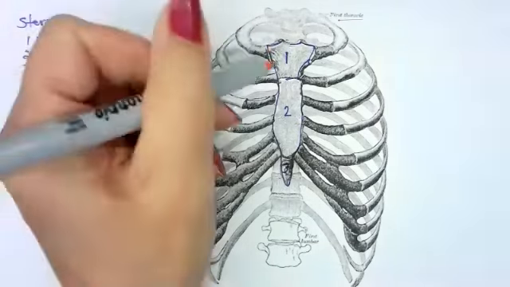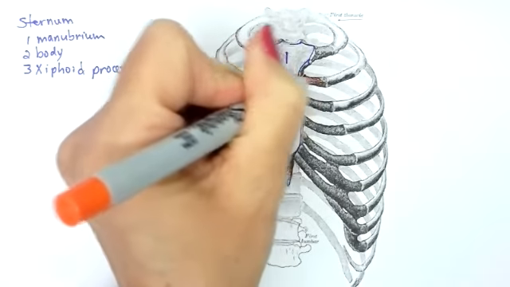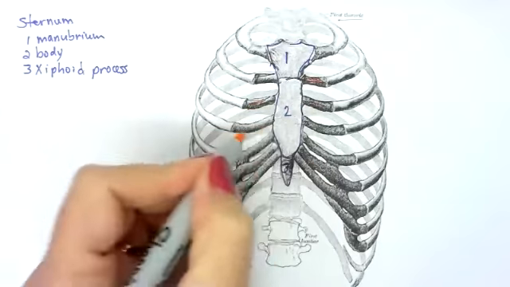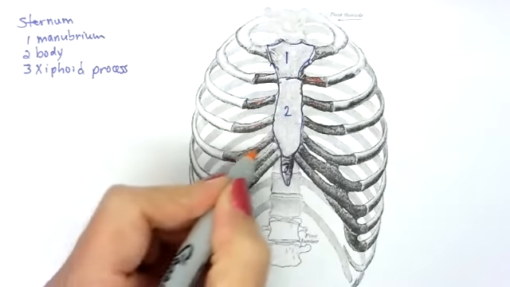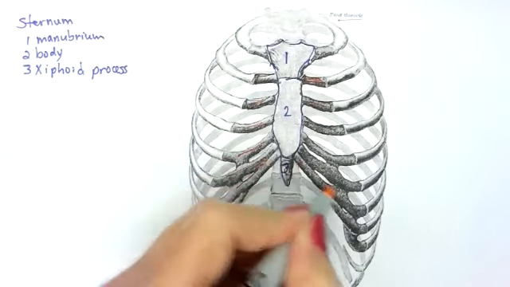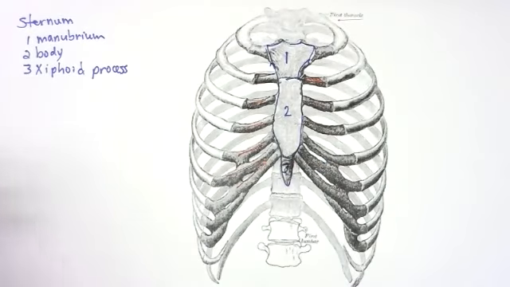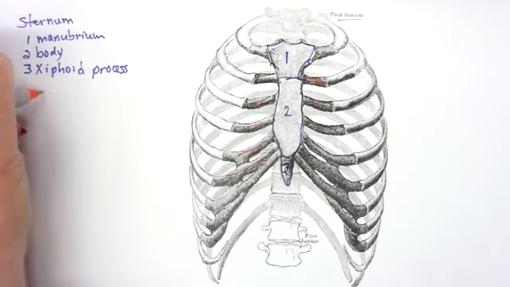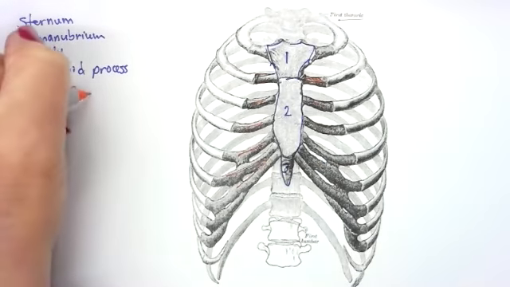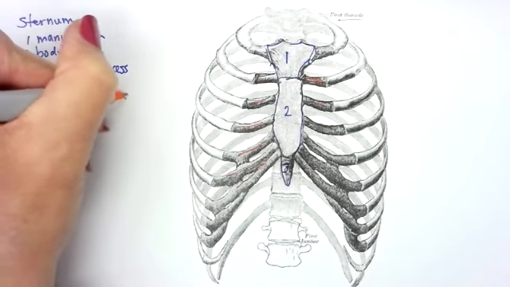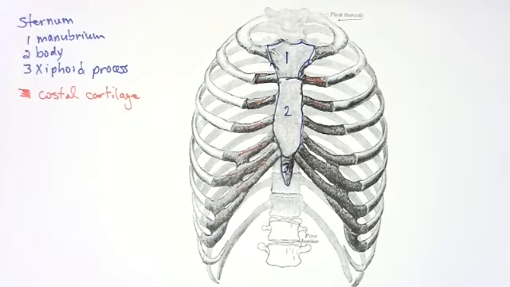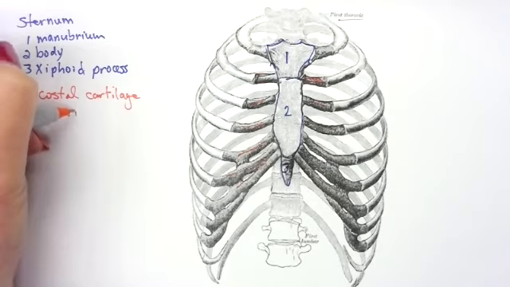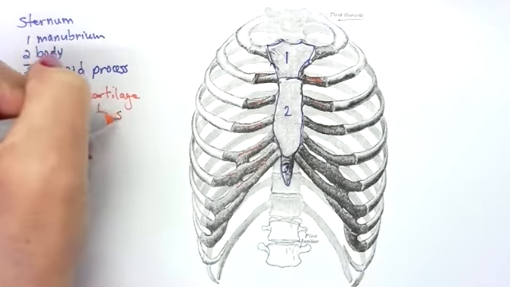How about orange? So what we have here is cartilage. No, the orange didn't show up very well either. It's called costal cartilage. And it's cartilage that attaches the ribs to the sternum.